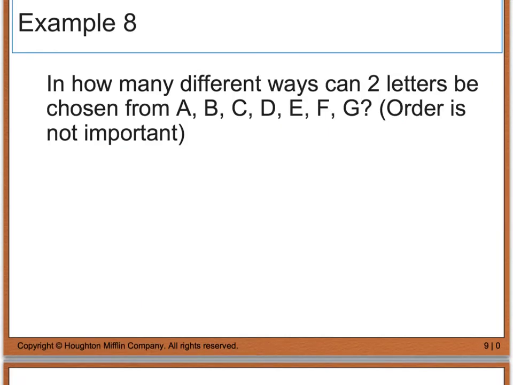So example 8 says, in how many different ways can 2 letters be chosen from the letter group A, B, C, D, E, F, G, when we know that order is not important? So we can go ahead and list them.